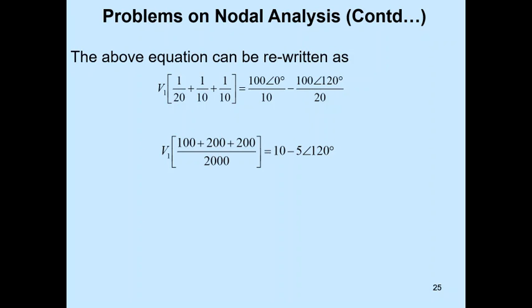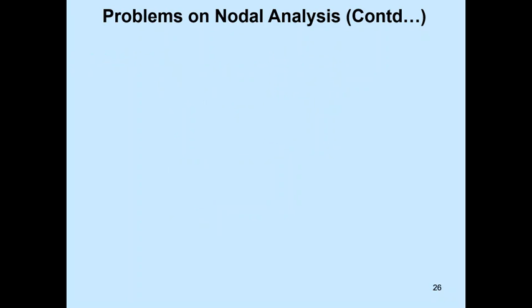So we can simplify this. 100 plus 200, by taking LCM 2000, is equal to 10 minus 5 at an angle of 120. So this is nothing but 500 by 2000, that is V1 into 1 by 4.